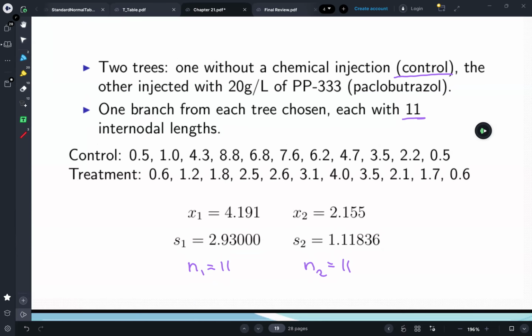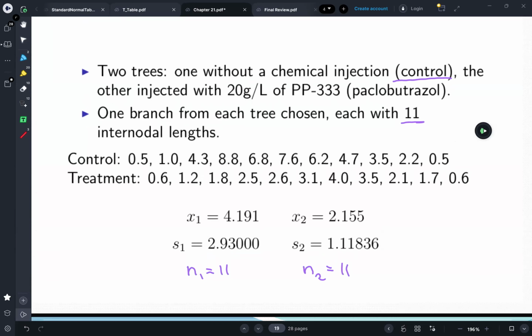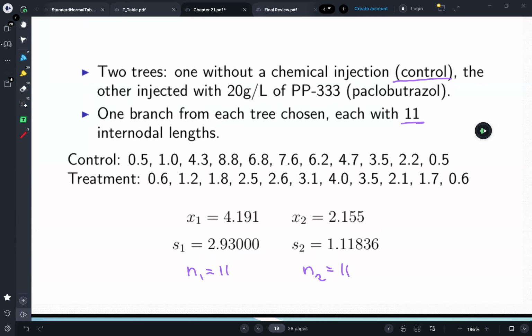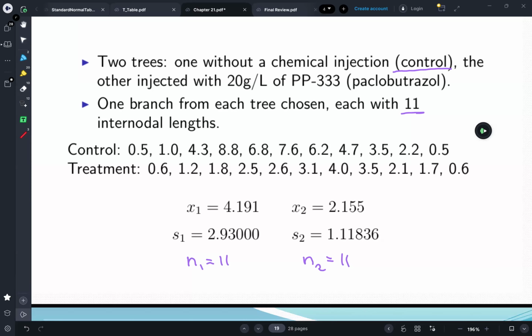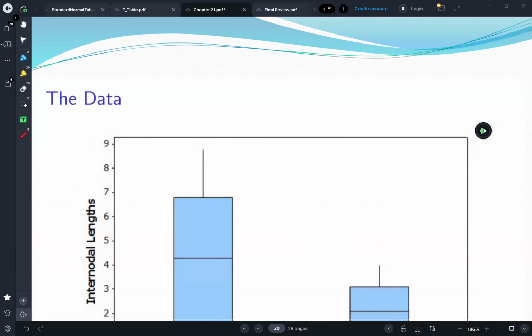And you can then calculate a confidence interval or a hypothesis test to really see, is this worthwhile? Is it worth the time to do these injection sprays, or should Ontario just keep letting the trees grow at the natural pace? So here's the data.